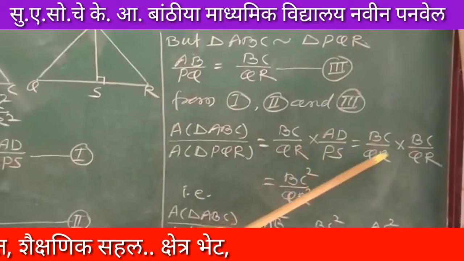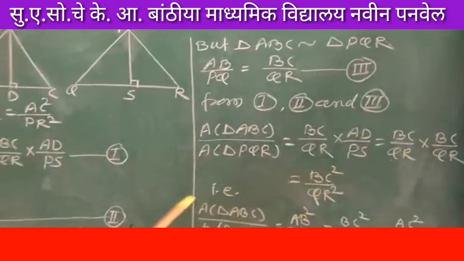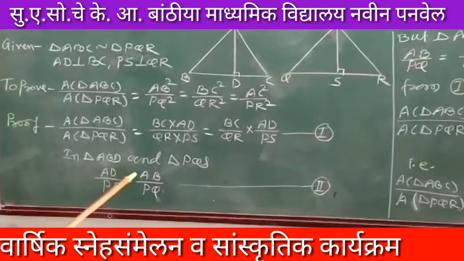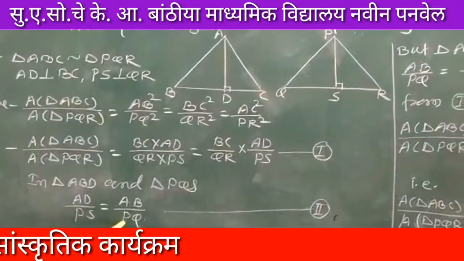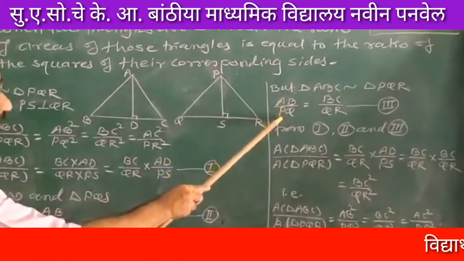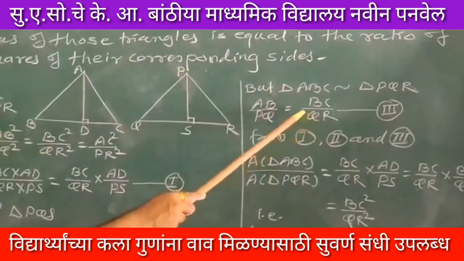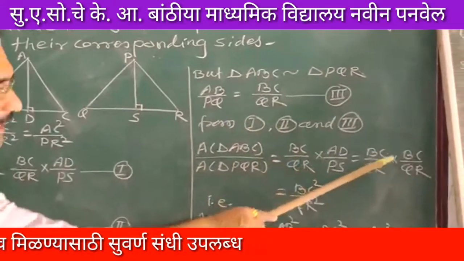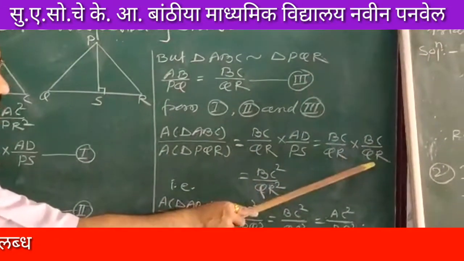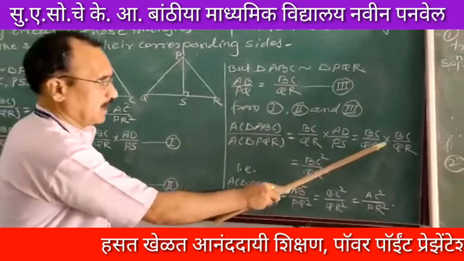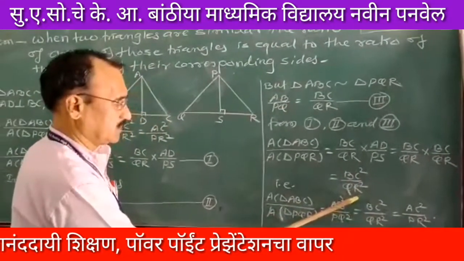Instead of AD upon PS we can write BC upon QR, because AD upon PS is equal to AB upon PQ, and AB upon PQ is equal to BC upon QR. BC into BC is BC square and QR into QR is QR square.